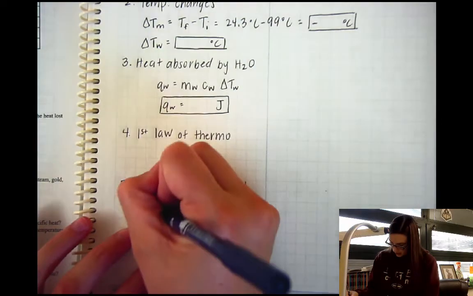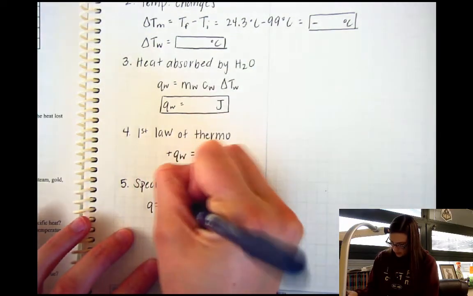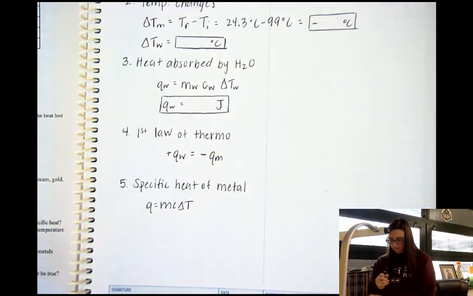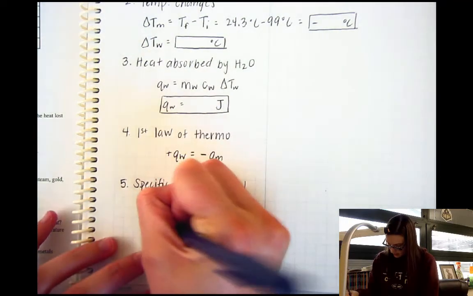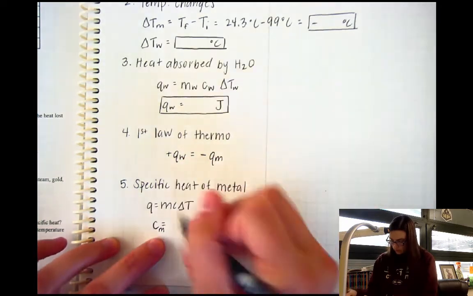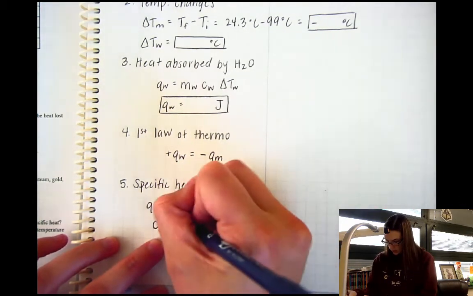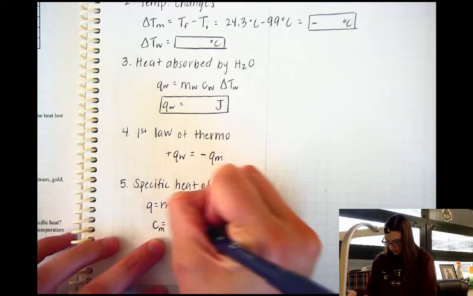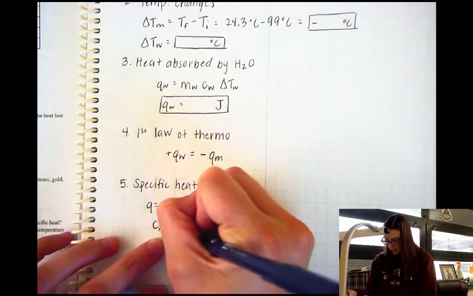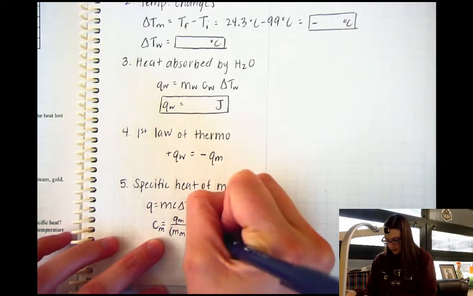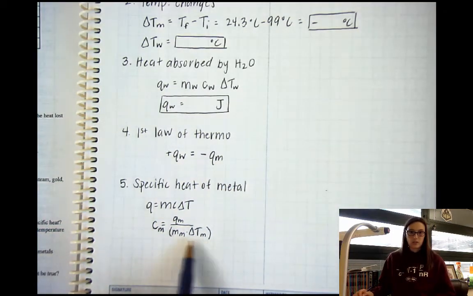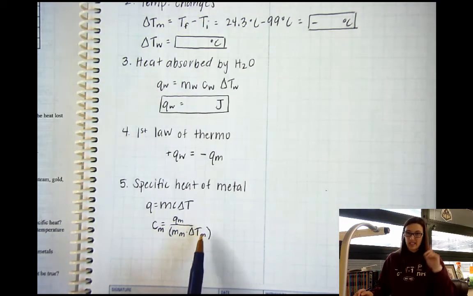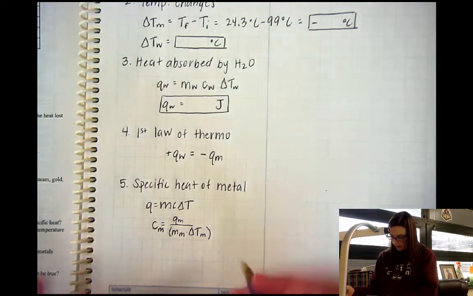So the heat equation is Q equals MC delta T. So if I want to rearrange this for specific heat of the metal, I'll divide M and delta T over. It's going to be Q of the metal over the mass of the metal times the delta T of the metal. Notice how I put this quantity in parentheses on the bottom. So it's Q divided by mass times delta T. Be careful with your order of operations there.